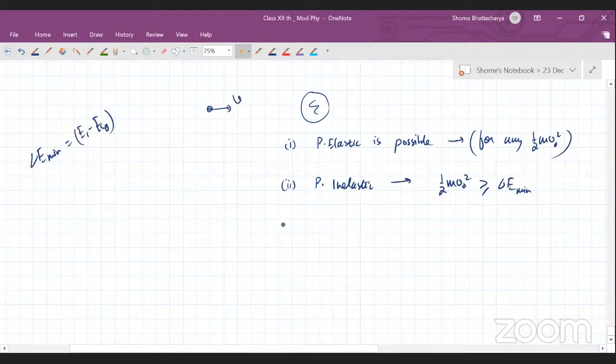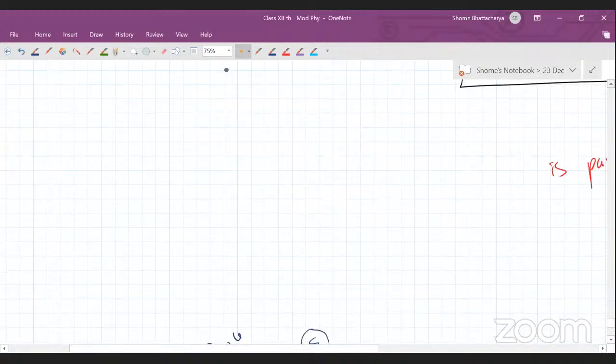Okay. Now let's come to the third possibility, general inelastic collision. For general inelastic, what is the condition? I mean, not this, the loss in kinetic energy. This should be greater than or equal to, okay. Now for this, the loss in kinetic energy, in the inelastic case, will be less than this value that we calculated.